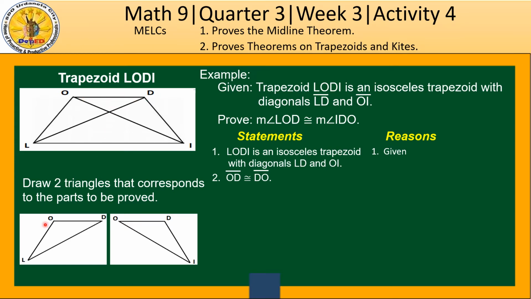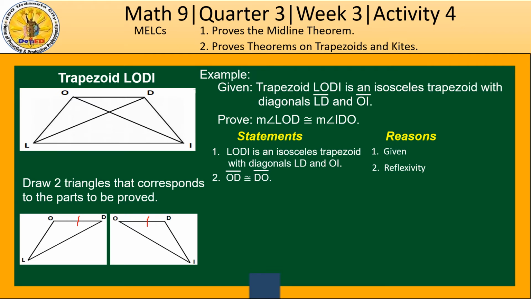OD and DO are just one side, so we are referring to one side only. Therefore, the reason will be reflexive property, or reflexivity. We will put a mark. Side OD is congruent to side DO.